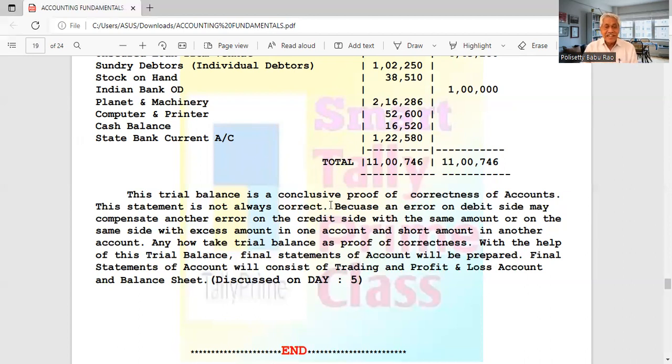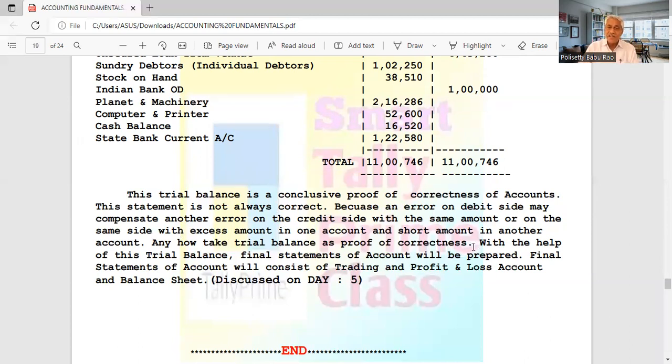Here you see, trial balance is said to be a conclusive proof of correctness of accounts. This is the general statement, but this statement is not always correct. There will be errors, still the trial balance will tally. An error on the debit side may compensate another error on the credit side with the same amount, or on the same side, an excess amount in one account and a short amount in another.